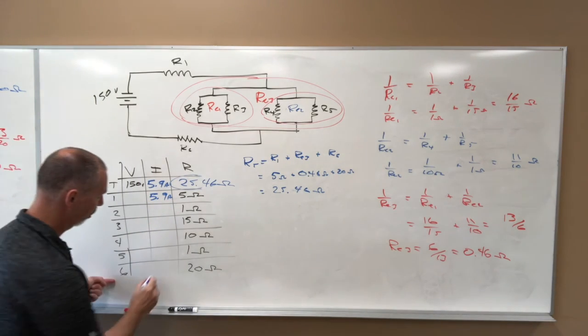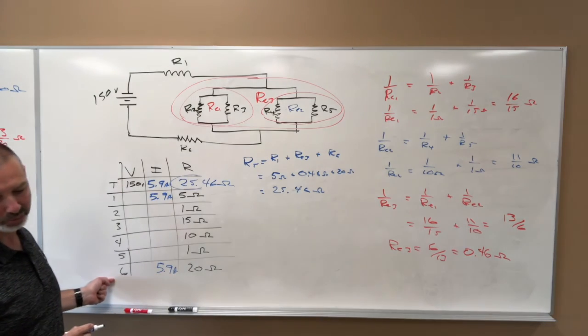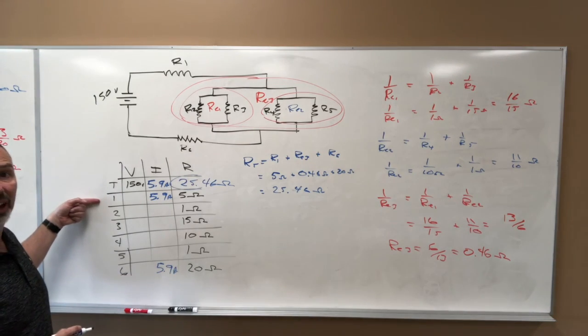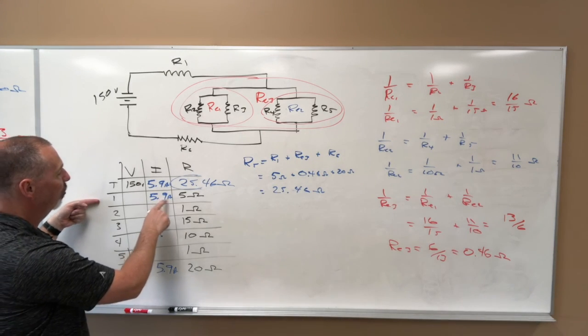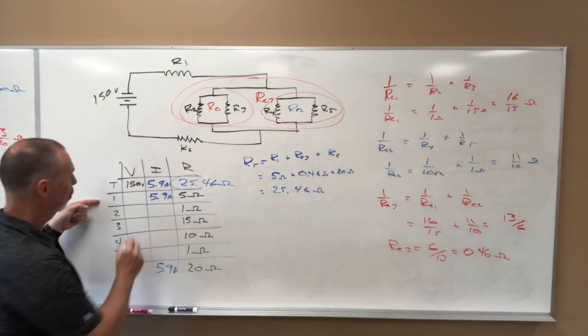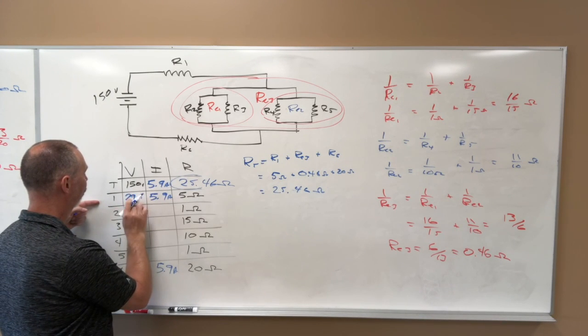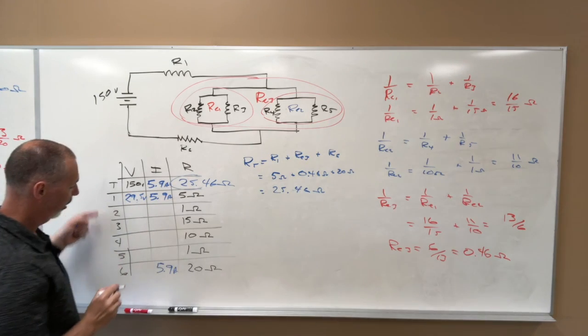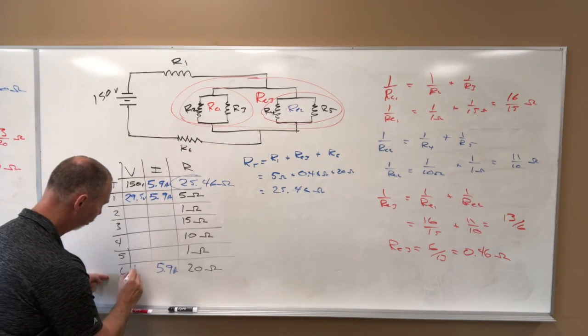R6 is in series with that, at 5.9 amps. That allows us to find V1. V1 is I times R, 5.9 times 5, 29.5 volts. Down here, 5.9 times 20 is 118 volts.